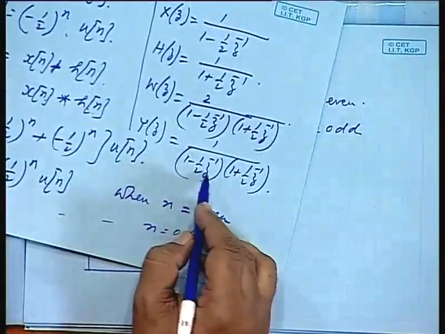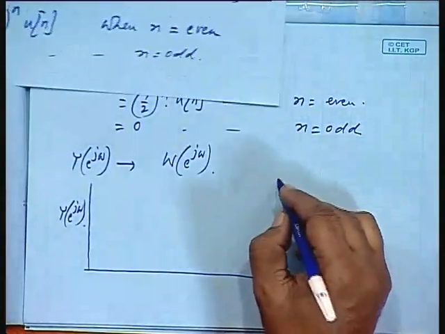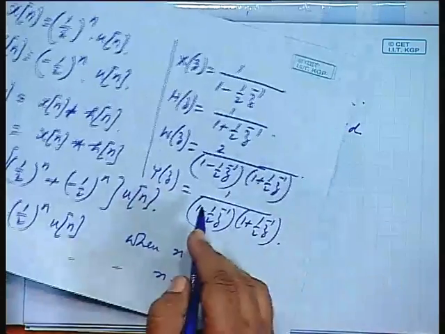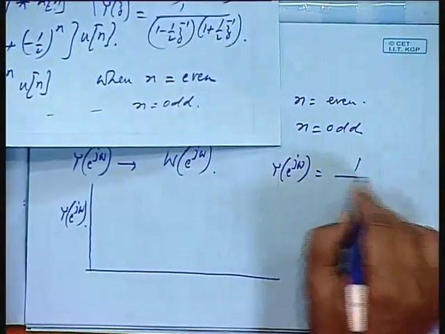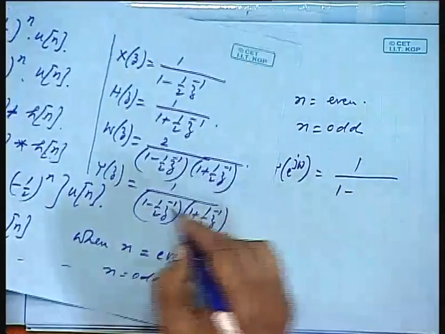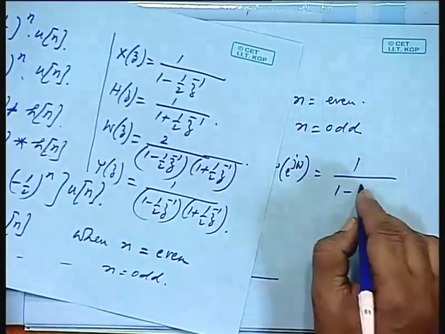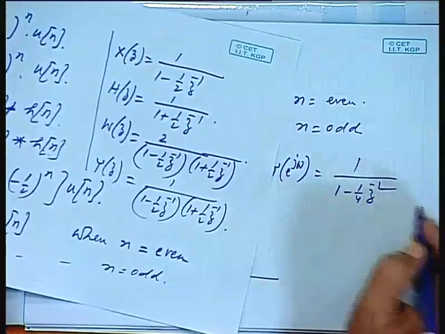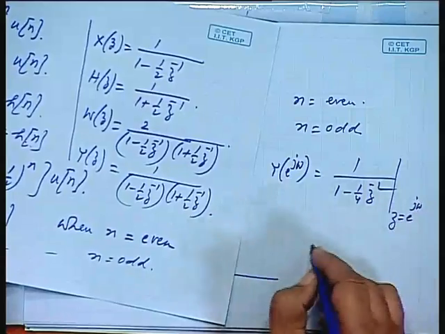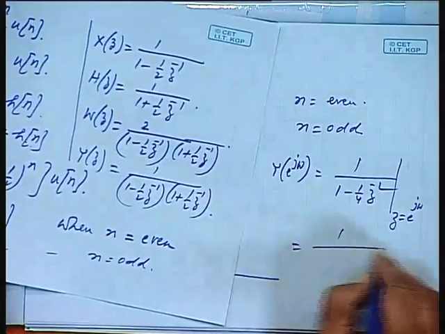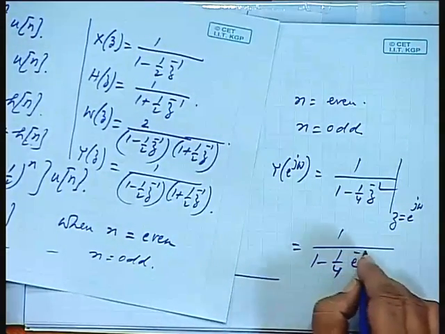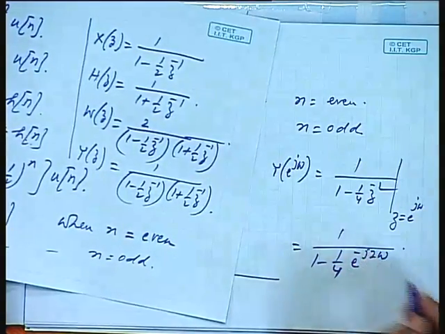What is it? Okay, let me write on this side the expression 1 by 1 minus x into 1 plus x. So, 1 minus half to the power 2, 1 by 4 z to the power minus 2 and z evaluated at e^jω. Is that all right? So, 1 by 1 minus 1 by 4 e to the power minus j2ω.